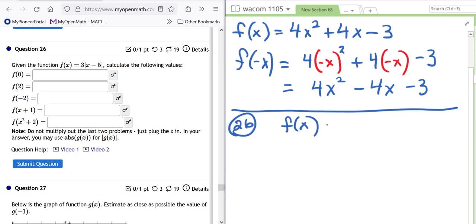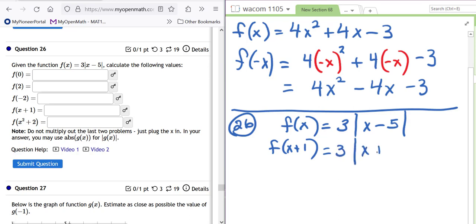So f of x is equal to 3 times the absolute value of x minus 5. So let's plug in the x plus 1. That will go instead of x. Everything else stays there. And then you'll just clean up inside.